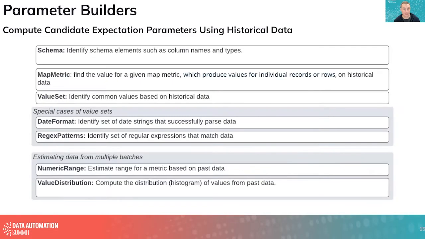And the way we take that deeper look is using parameter builders. So parameter builders will look over historical data and identify specific values that are potentially useful for metrics, or for expectations as well.